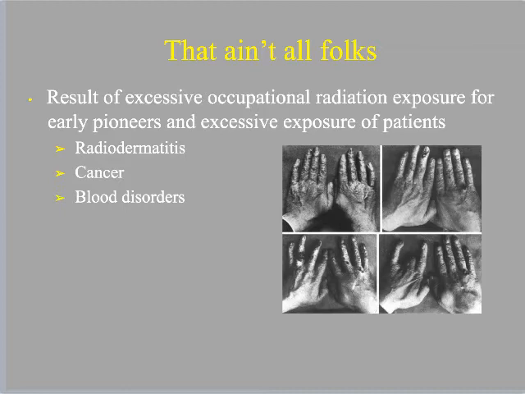And, of course, that ain't all, right? So all we're tracking with the skin erythema dose is how red did your hands get, right? You do that long enough, and all of a sudden you're missing fingers, right? Why? Well, the excessive day in, day out occupational exposure that the early X-ray techs experienced caused what we call radiodermatitis, right? So the repeated irritation of the skin, the repeated skin reddening caused something like hives, caused scarring, subcutaneous scarring.